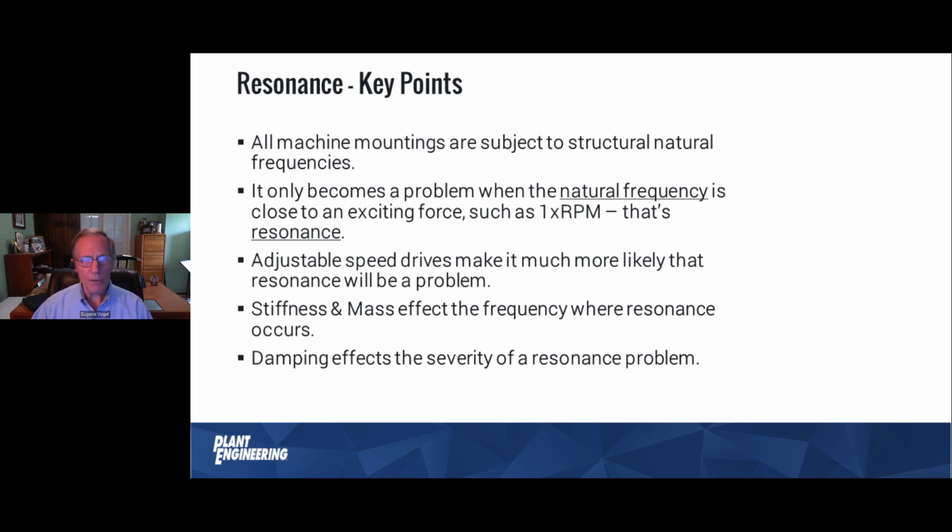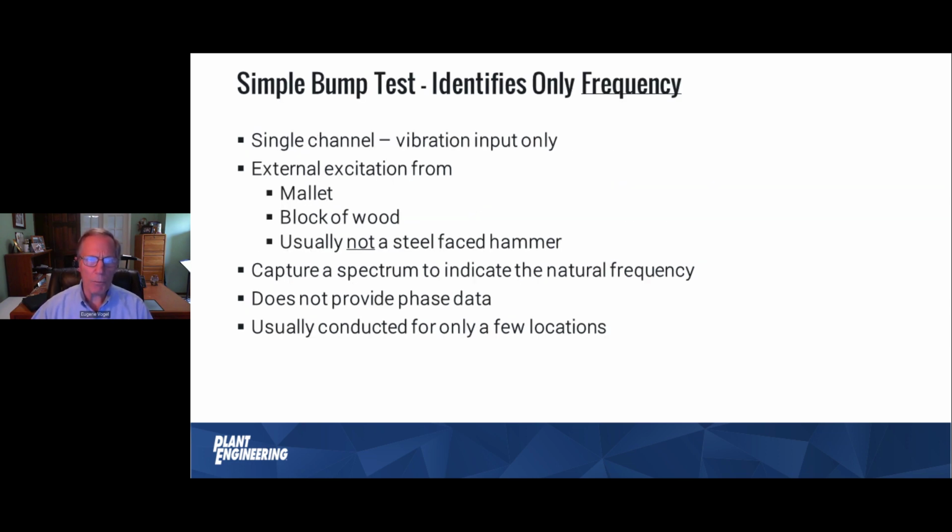So stiffness, mass, and damping. Much more to that than we have time to cover today. So a simple bump test will identify if a natural frequency is present or where natural frequencies are. You can do a bump test with a single channel vibration analyzer. It's a pretty simple test.